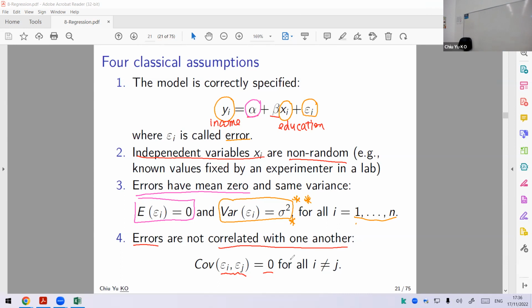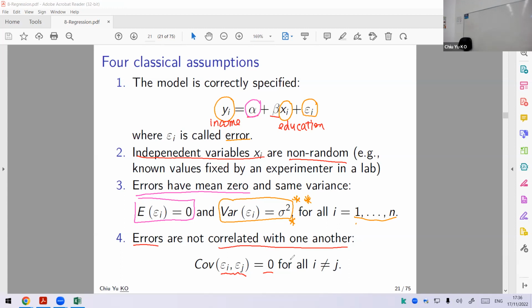And this is important because if you don't have this, actually, when you talk about time series data, this will be violated, right? And when you talk about the stock market, you have trend, right? Then that's a violation. If, say, inflation, usually it's a violation, because if you have inflation, this period is high, next period tends to be high as well, right?